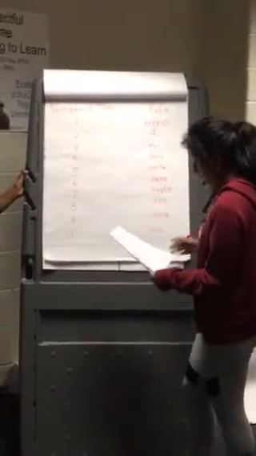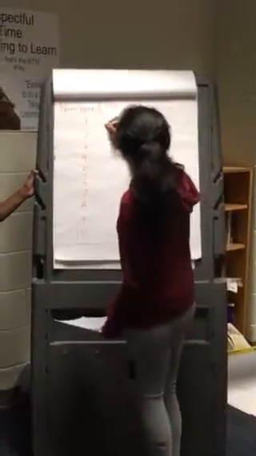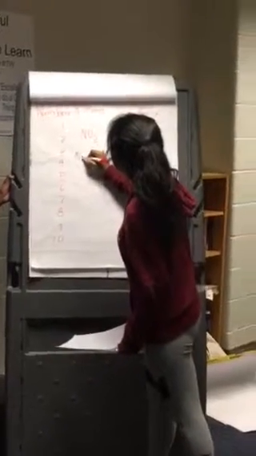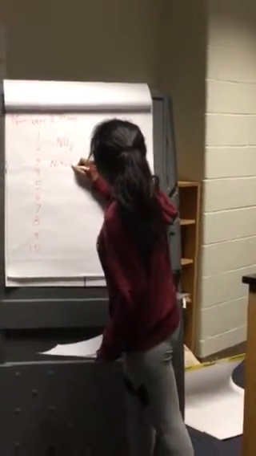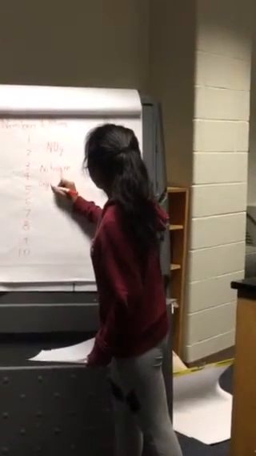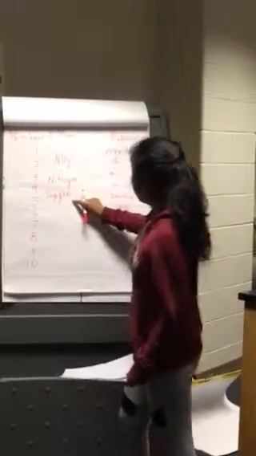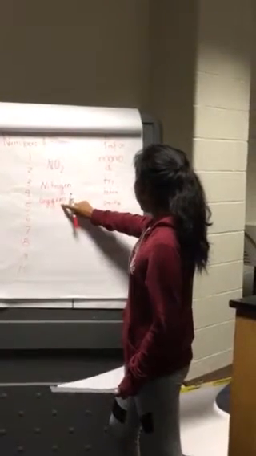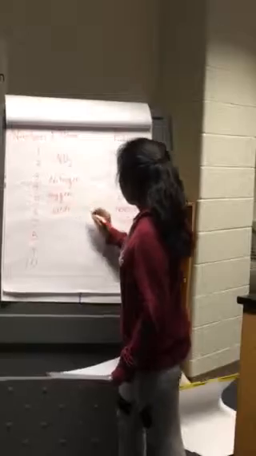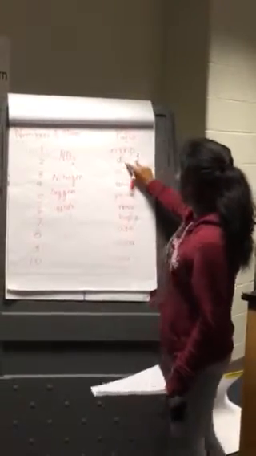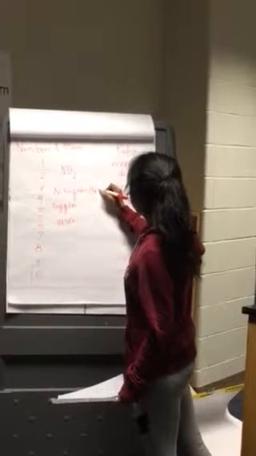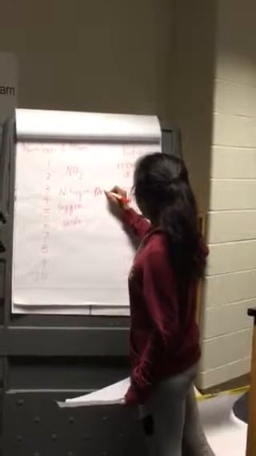So if we had the compound NO2, N would stand for nitrogen, and O is oxygen. But because of this, we'll take out the ending and put IDE. And since we have a 2, it will become di, making it nitrogen dioxide.